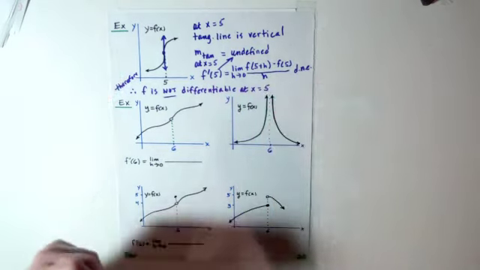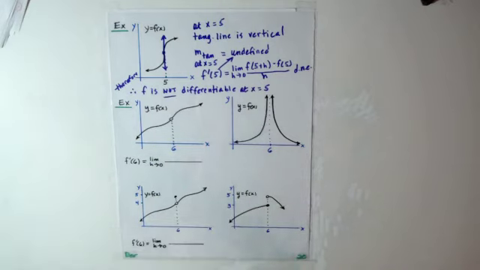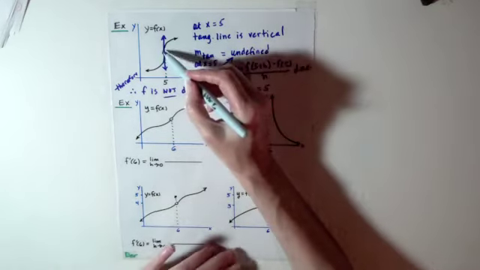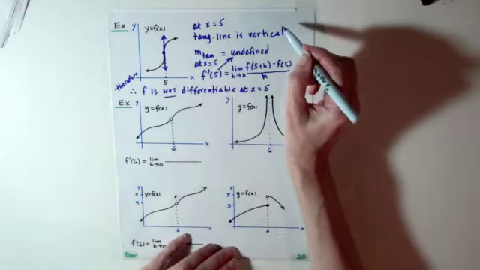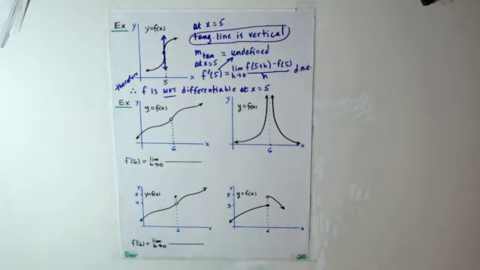So now we found two types of places where a function will not be differentiable, where it won't have a derivative. At a corner or cusp where there's a sharp change in the tangent line, or anywhere where there is a vertical tangent line. So that's a new kind of problem that we have to look out for.